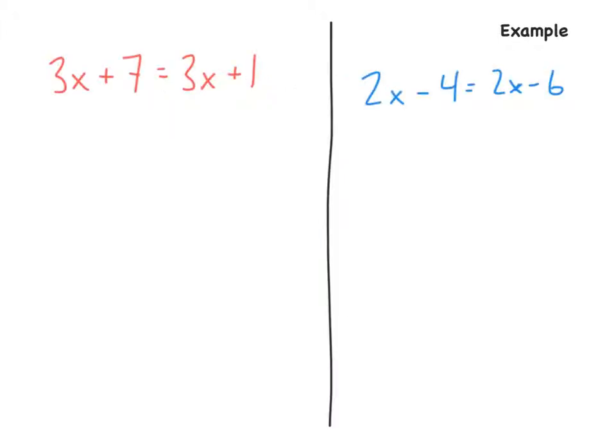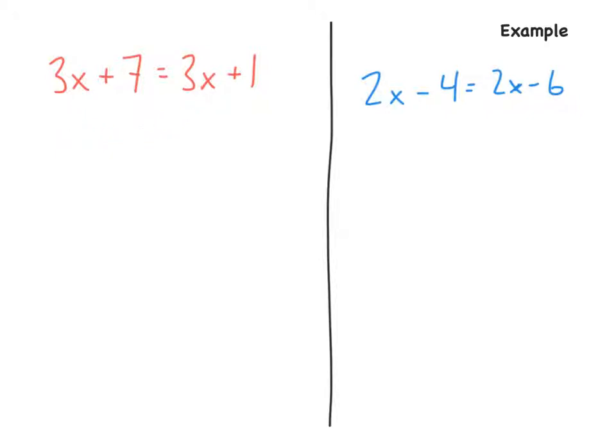These next couple examples are going to be where the variables are going to cancel. I'm going to do the first one, you'll do the second one. The first one, if we have 3x plus 7 is equal to 3x plus 1. First, let's try to move the variables all over to the left side. Let's try to combine the variables first.